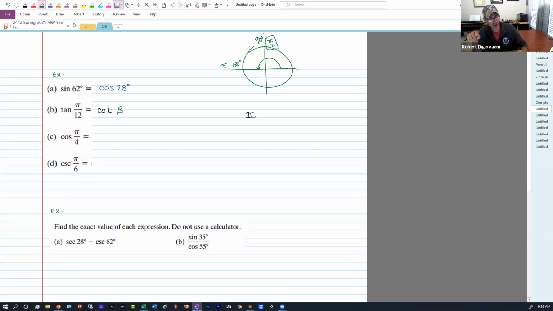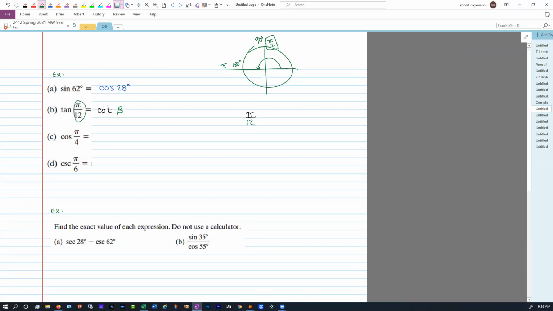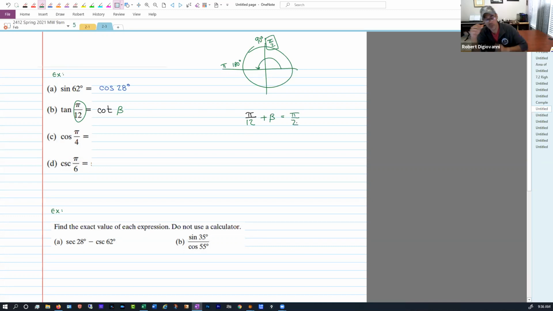So would you agree, So Young, that the pi over 12 that we have here, plus whatever beta is, must be equal to pi over 2? Yes. Okay, so let's solve for beta. Let's subtract pi over 12 from both sides.